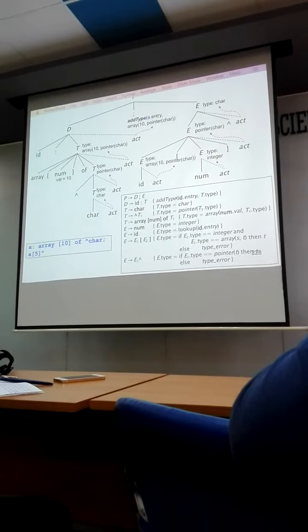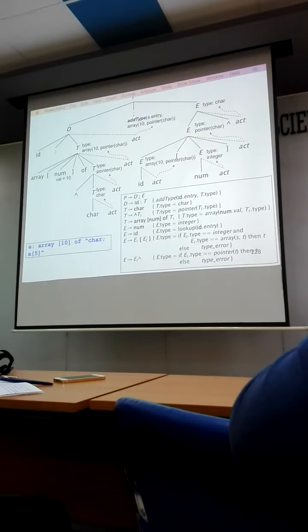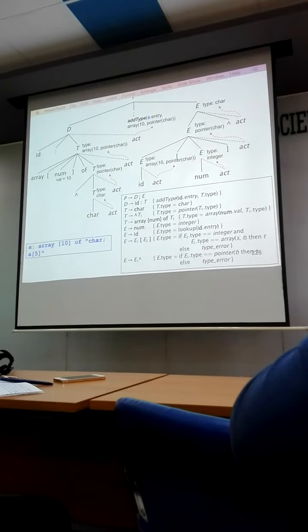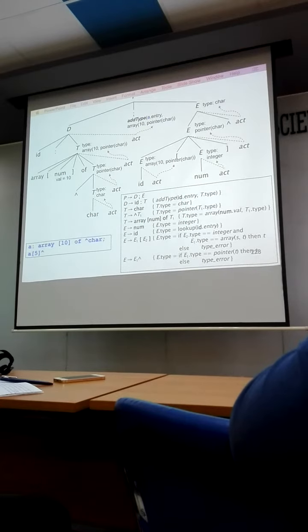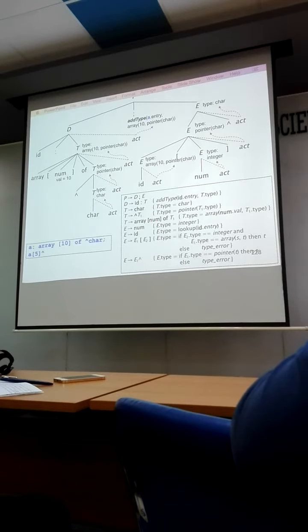Now, T derives character. The semantic action tells us that T dot type is set to character. Exactly. What is the next semantic action to be executed? This one. Okay. T derives circumflex T. Look at this.